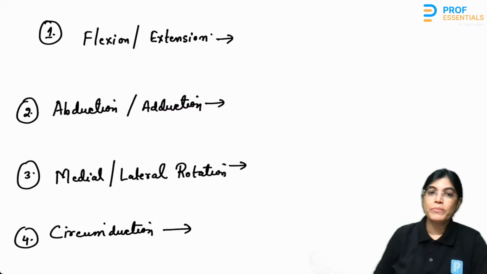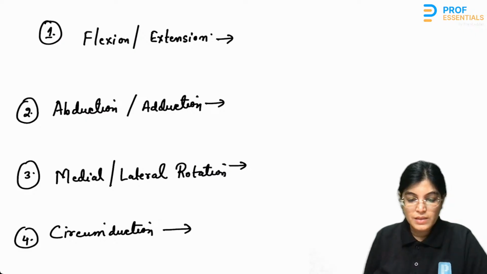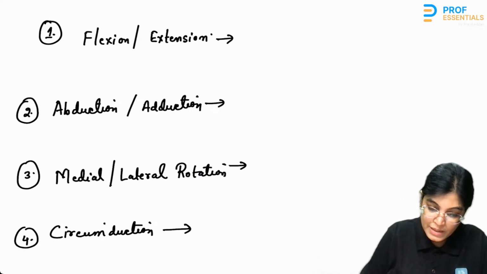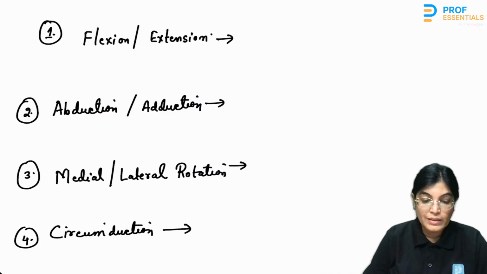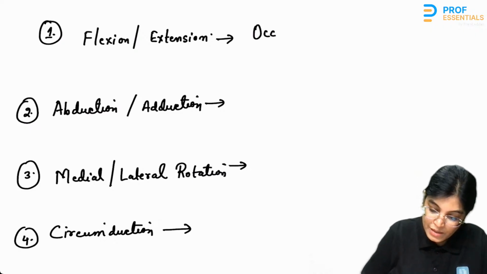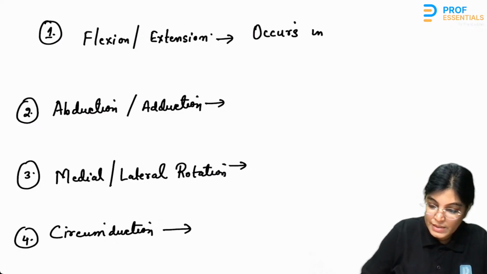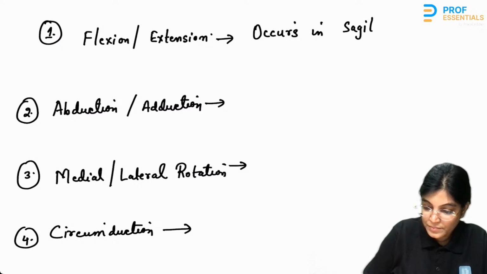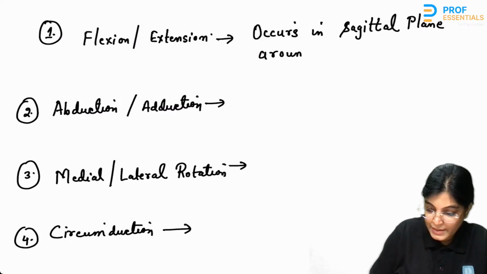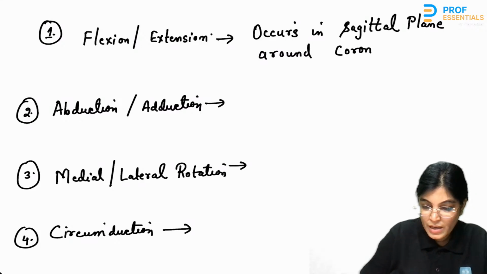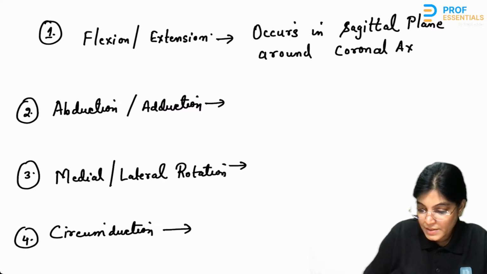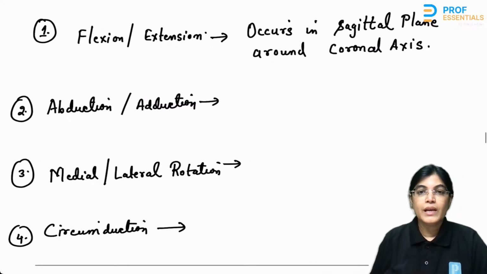I will show you one more image for those movements. Flexion extension occurs in the sagittal plane around the coronal axis, which is also called the frontal axis.